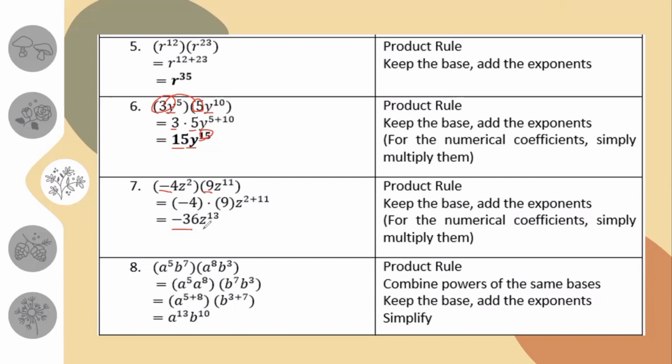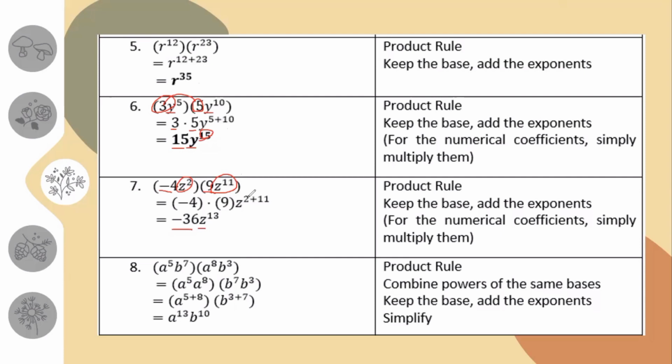36. And saan po nakuha yung z raised to 13? Eto po, meron tayong z squared, and then meron tayong z raised to 11. Diba? Yung previous examples natin, yung 1 up to 4, pareho lang dito. z raised to 2, and then z raised to 11.